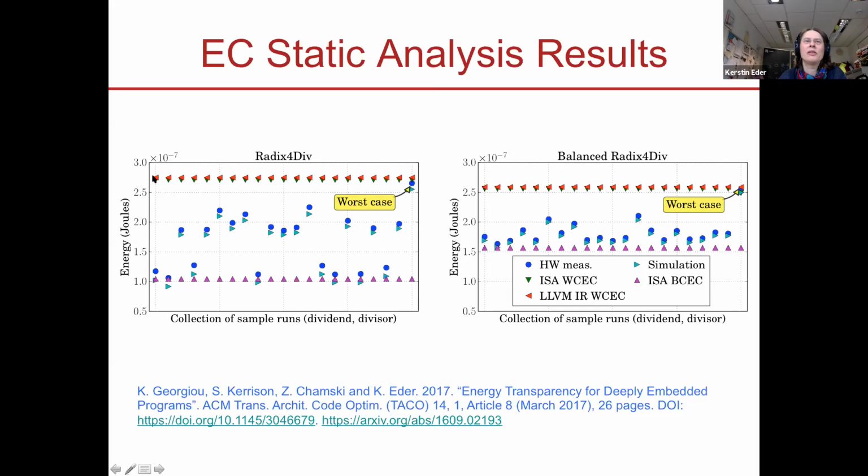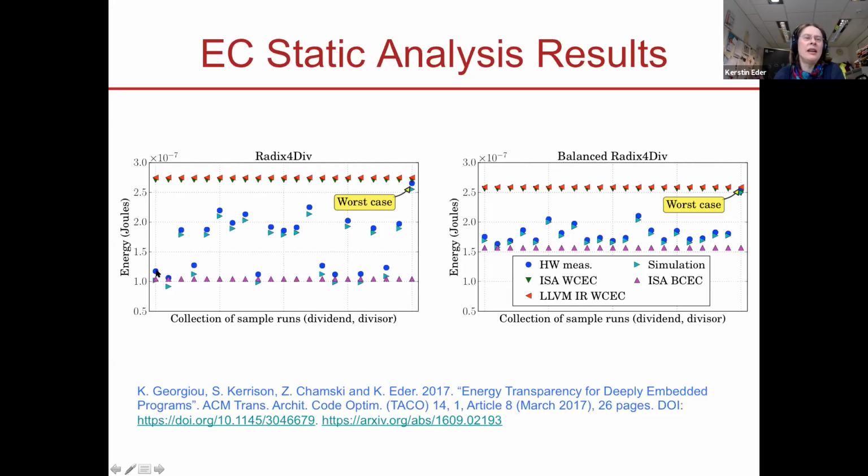Both of them nicely coincide at the top for this particular radix 4 division code, and they give us the upper bound. In this case, we were able to brute force the worst case because we knew what the data was that would get there. And that's interesting.